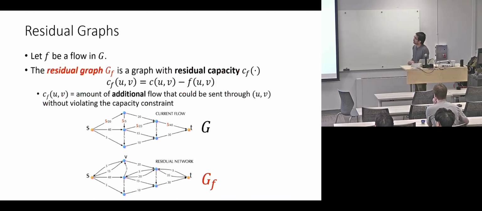So the residual graph is this. Suppose that you have some flow F on the graph G. This flow can be a bad flow, not the maximum one.